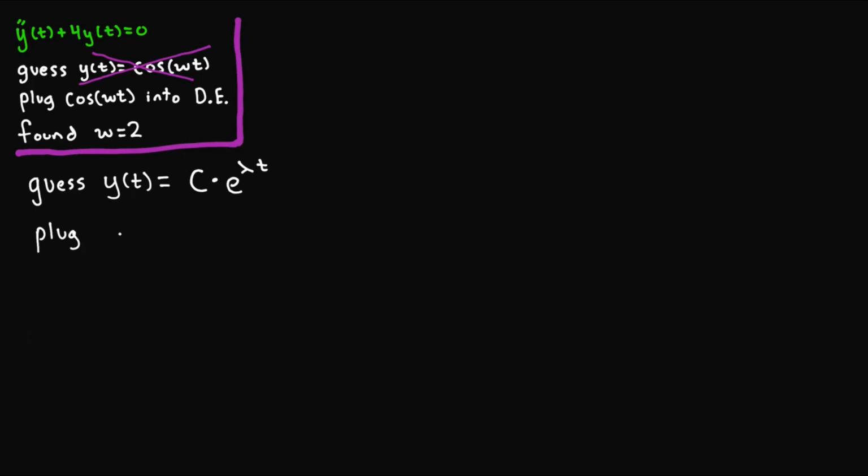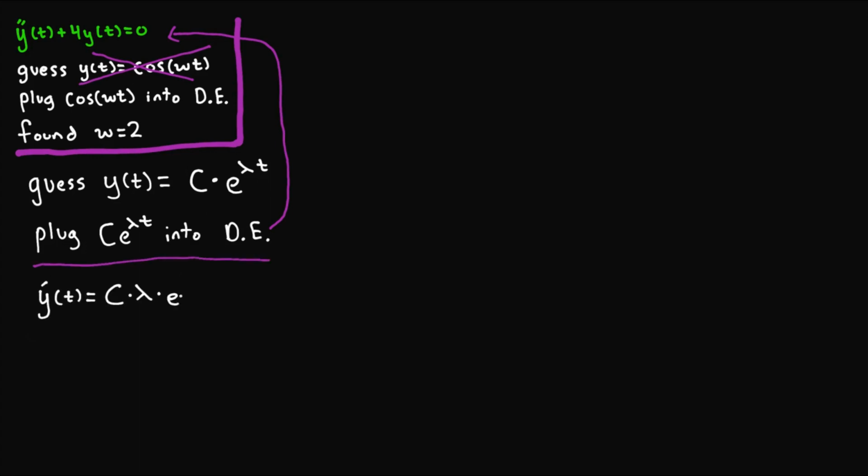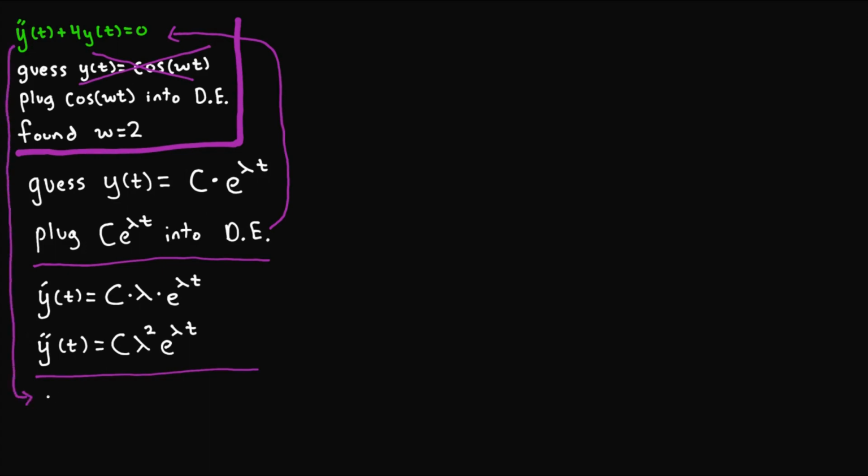We're going to plug ce to the lambda t into the differential equation. We get the following if we compute y prime and y double prime. Plugging this in for y double prime plus 4y gives us c lambda squared e to the lambda t plus 4 times ce to the lambda t.